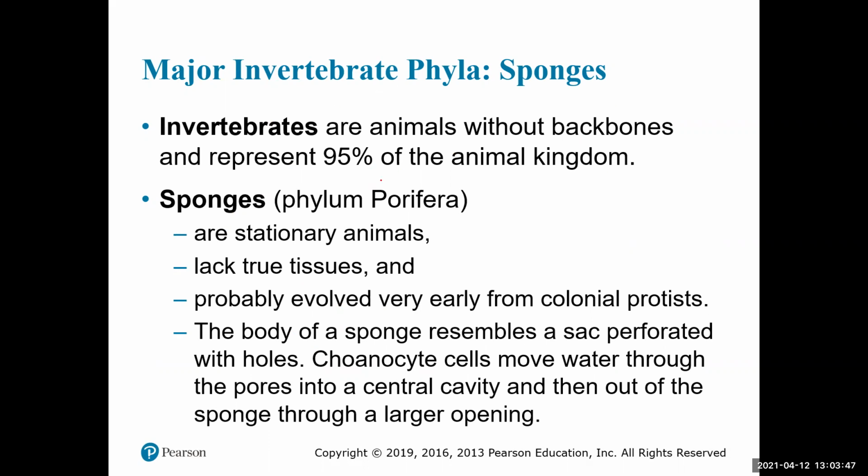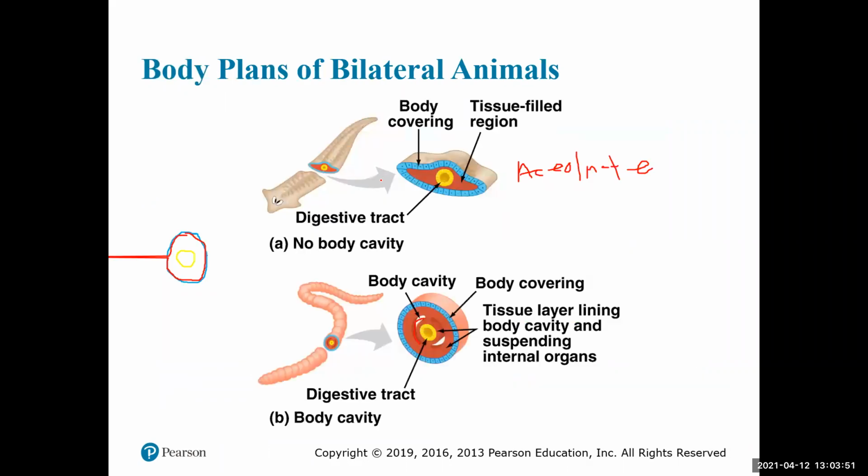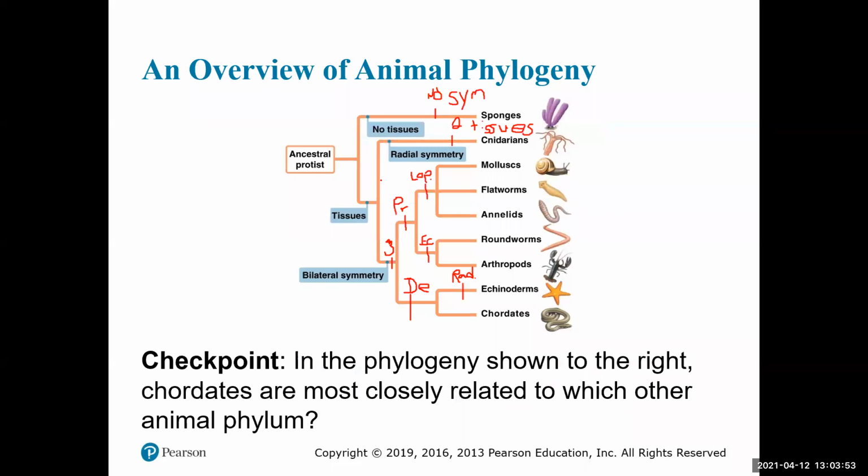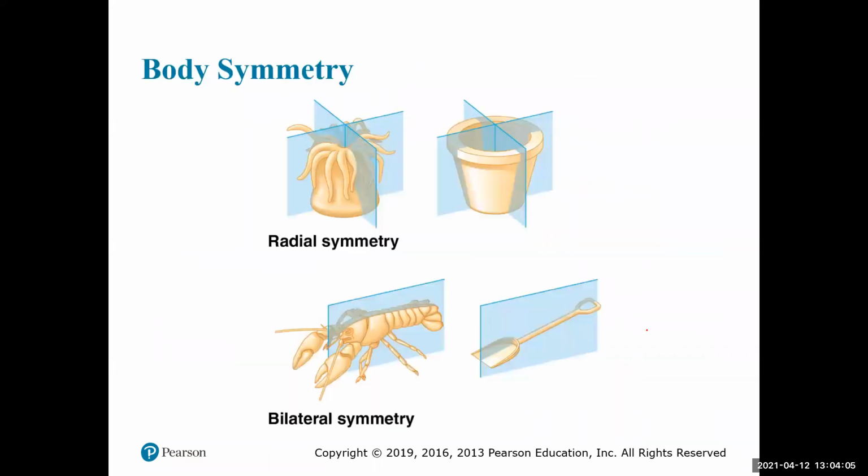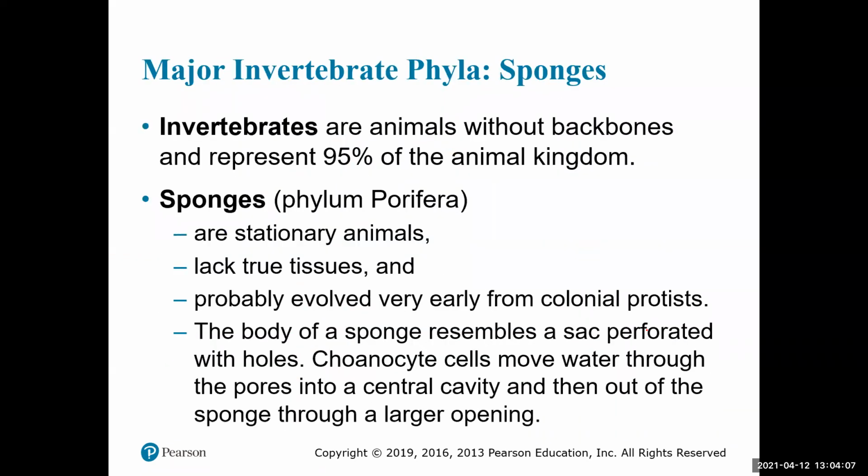these are invertebrates, and if you actually look, animals are represented largely by invertebrates. All of these organisms here are invertebrates. Your vertebrates are here. So 95% of the animal kingdom is made up of animals without skeletons, without backbones.